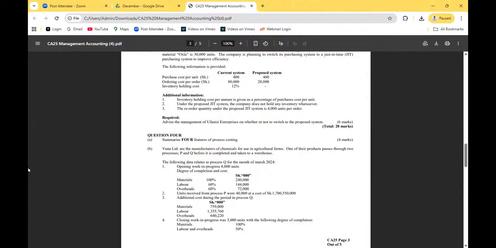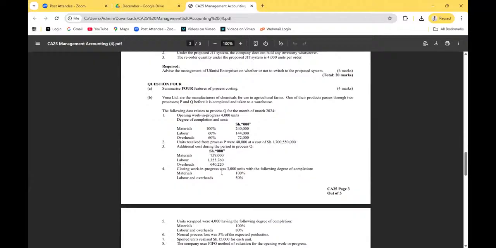So process costing is suited for industries with continuous production flows where the production process does not have distinct start or end points. Yeah, that is what we have with regards to the April 2024 sitting. I think that is the last one.